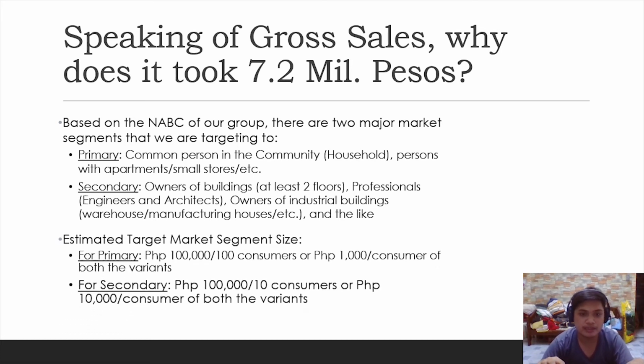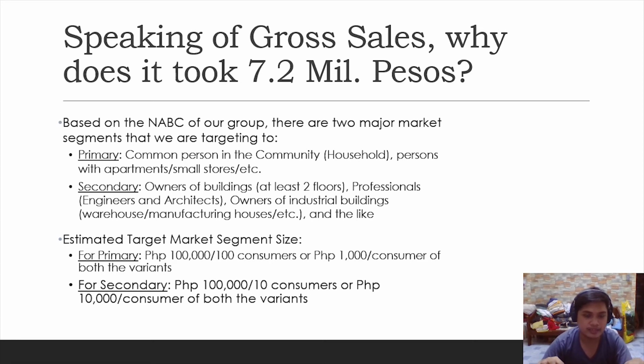And the estimated target market segment size for the primary would be 100,000 per 100 consumers, or 1,000 pesos per consumer of both variants. For the secondary, it would be 100,000 per 10 consumers, or 10,000 pesos per consumer of both variants.